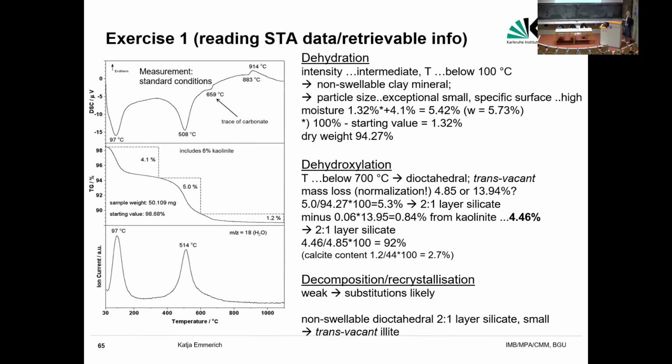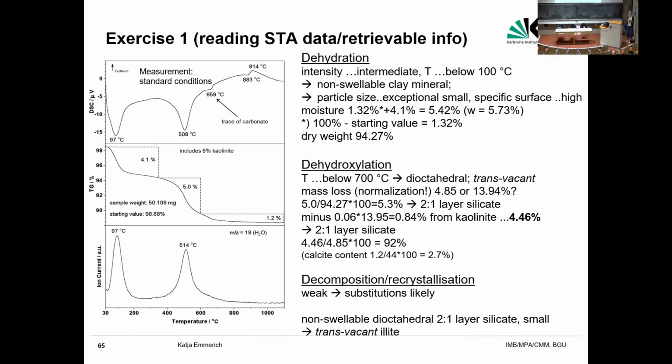Another sample, this is more complicated. You might recognize this example. Is the dehydration weak or strong? It seems to be strong, but peak temperature is below 100 degrees Celsius, and this always indicates a non-swellable clay mineral, but with a very small particle size.